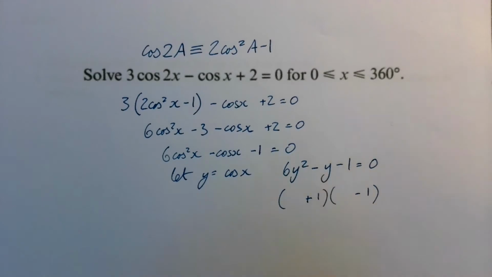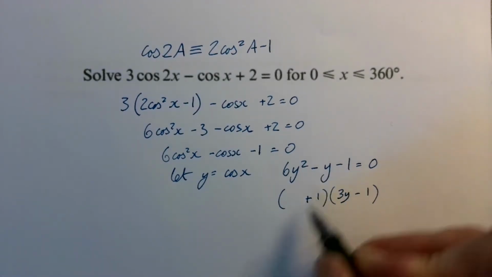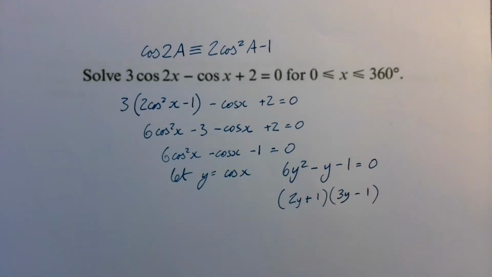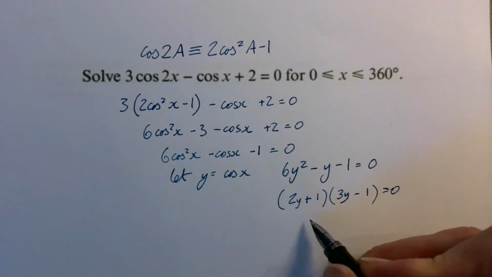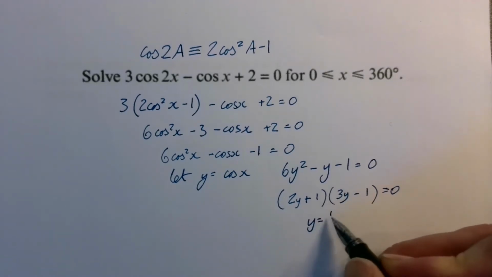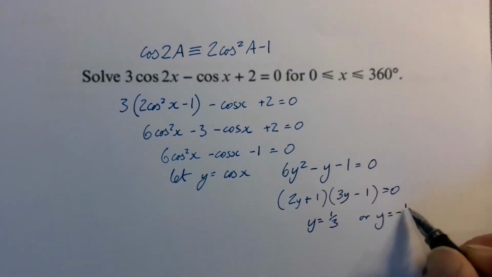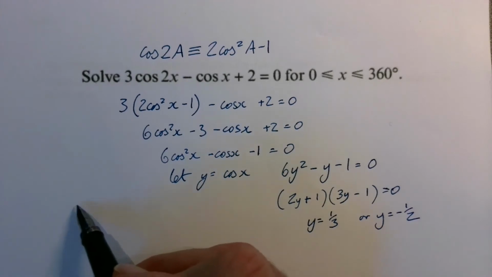As we're only ending up with -1, I think we want our 3y opposite the positive and our 2y multiplying by the negative gives us those. So we can say that y equals 1/3 or y equals -1/2.